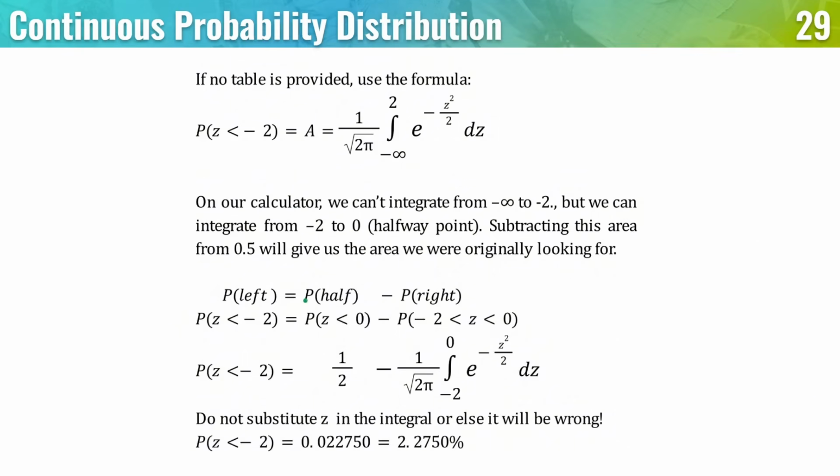So to calculate this, we have the probability that z is less than 0 minus the probability that z is between negative 2 and 0. You need to use the same formula from here, except now you have to replace this with 0 and this with -2, since changing where you are integrating also changes what you need to put in the calculator.